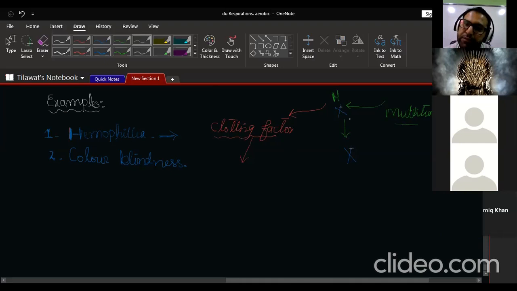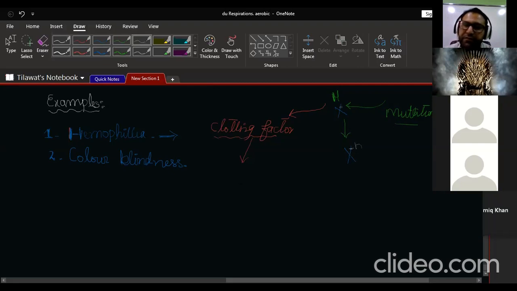So this capital H will convert into small h. This will become recessive. Is it clear? So when it becomes recessive, this h will not code for the normal clotting factor protein.